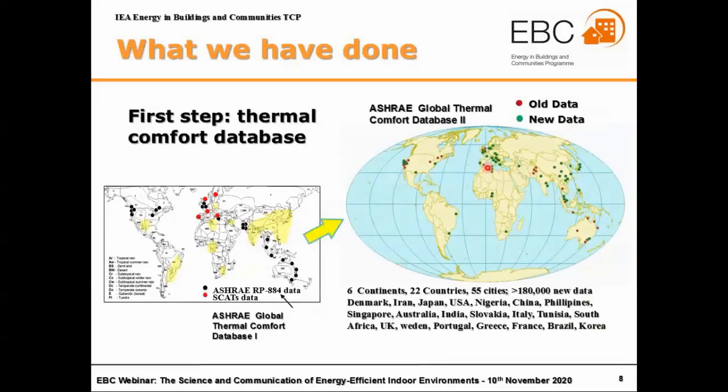The green one is the new data. We added more than 180,000 new sets of data into this database. The data is from 6 continents, 20 countries, 60 cities, and includes almost all the climate zones in the world.